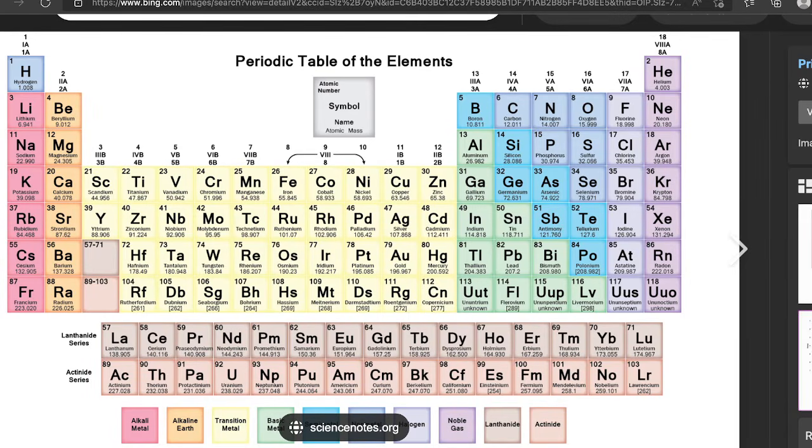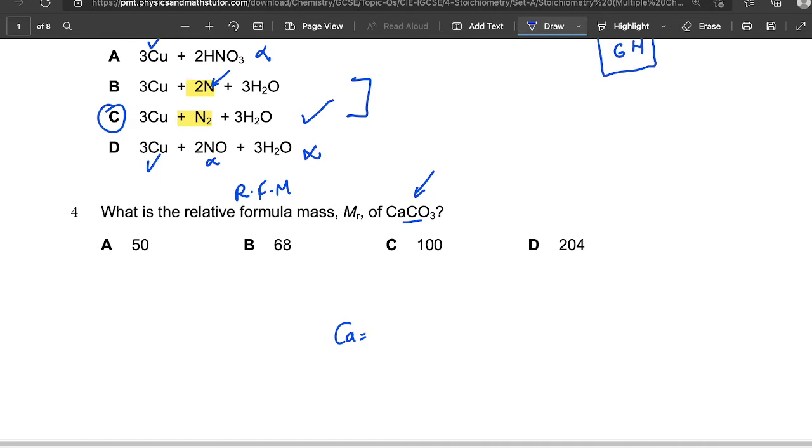Calcium would be found on group 2, so it is 40. Then carbon is 12 and oxygen is 16 times 3, because we have 3 oxygen atoms. So we just use our calculators, add all this up, we shall get 100. So the answer for number 4 is C right here.